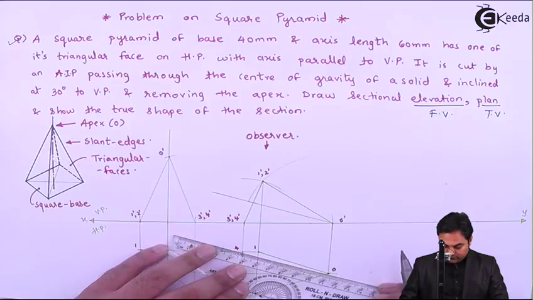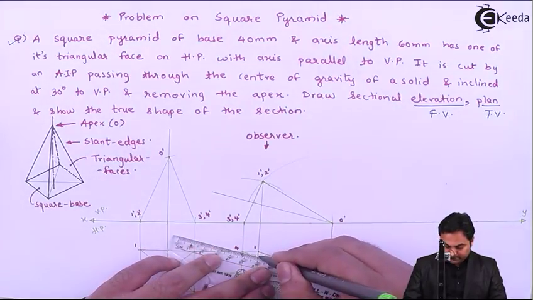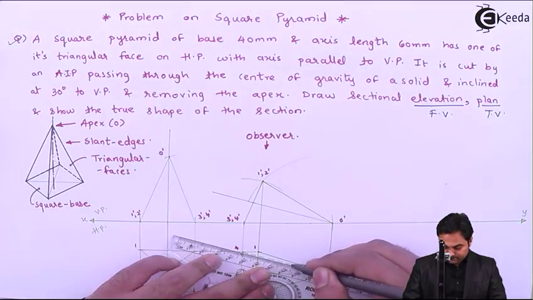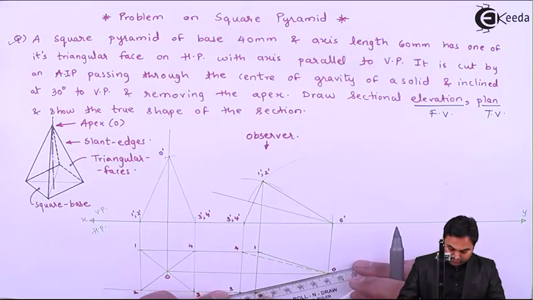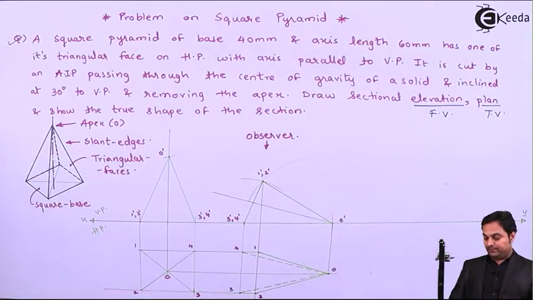So here O to 4 will be connected with the help of a dotted line. Similarly O to 3 will be connected with the help of a dotted line.